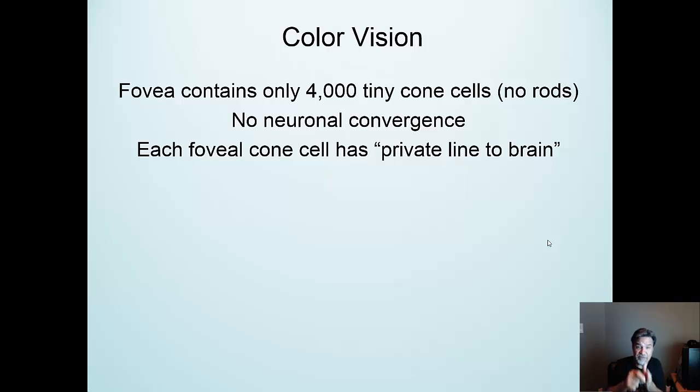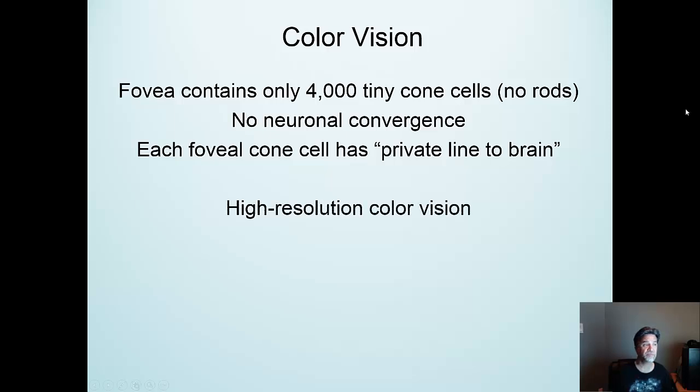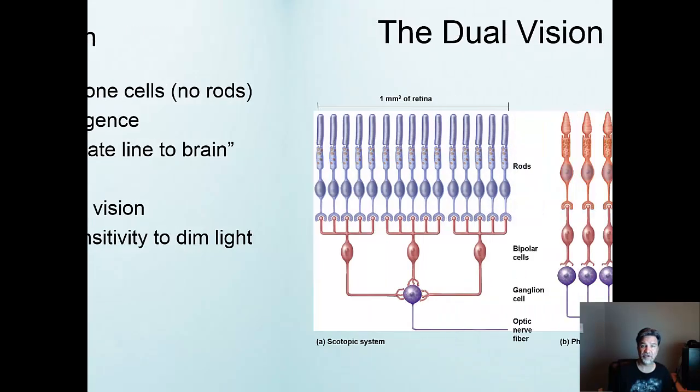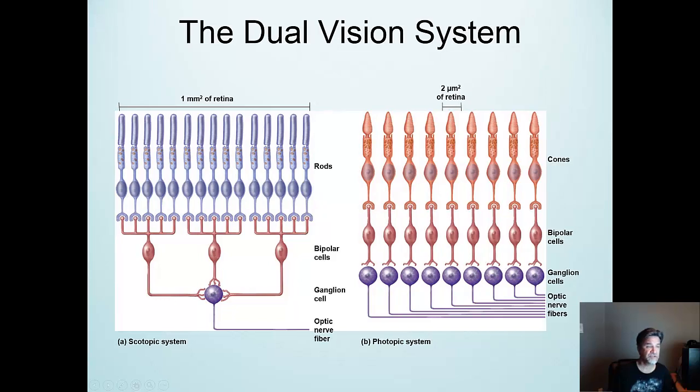There'll be a single bipolar cell and a single ganglion cell, and those will take that information directly into the brain, especially expressly from the fovea here. That's why it's the center of the sharpest possible vision. And so by utilizing this type of process, we get incredibly high resolution vision. So there's less sensitivity, but incredible amounts of definition that we have here.